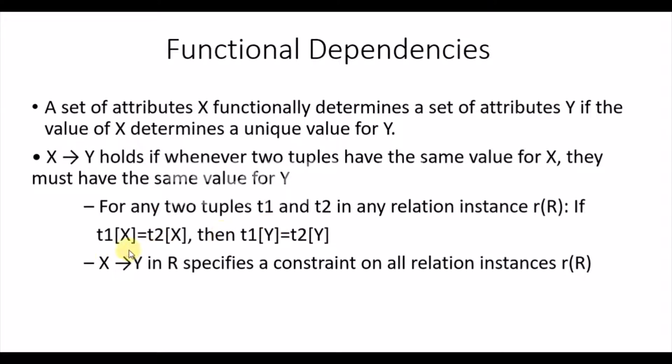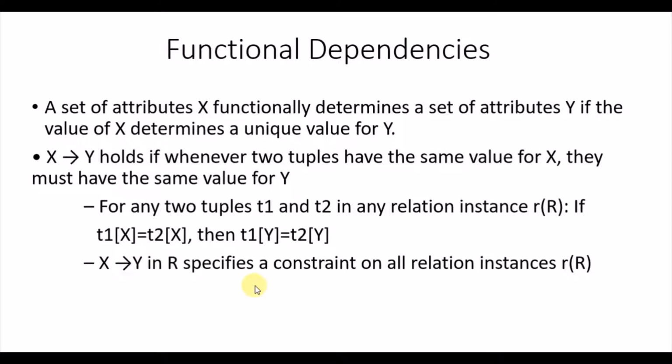That's what we said, and that is X functionally determines Y in R. If we are giving X to Y, or X functionally determines Y, then it specifies a constraint on all relation instances r of capital R.